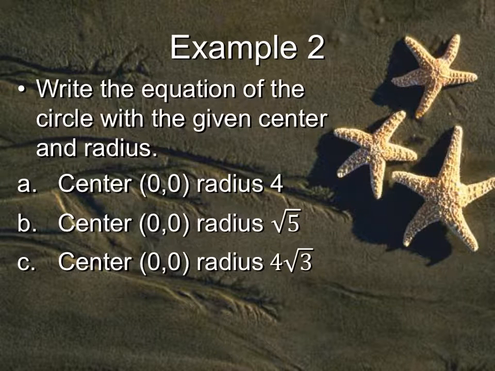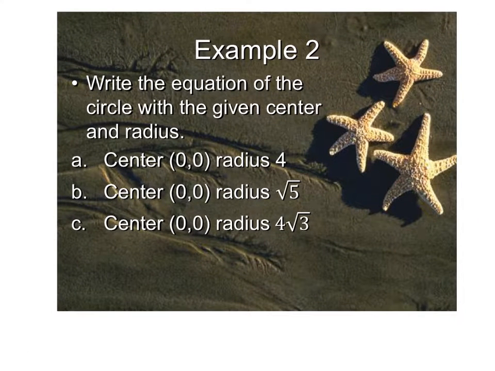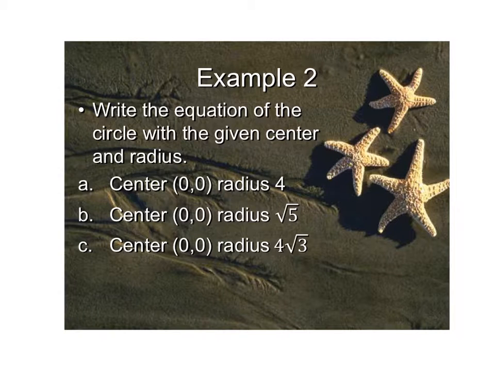All right, here we have 3 examples. Notice that all of the centers on all 3 parts, A, B, and C, are at 0, 0. So the formula again we're going to use is x squared plus y squared equals the radius squared.